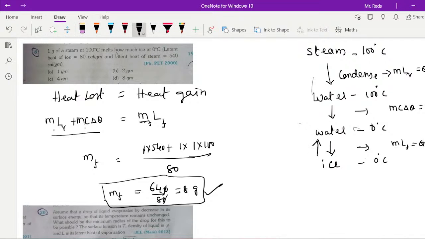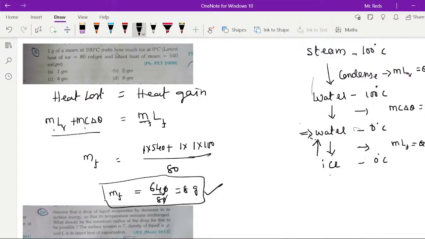The amount of heat required for ice at 0 degrees Celsius to convert into water at 0 degrees Celsius will be the same. The heat lost by steam to come to this water state is equal to the heat gained by ice to come to that state.